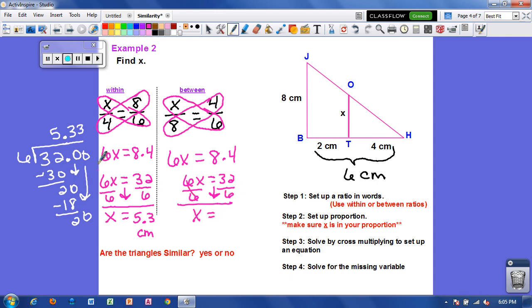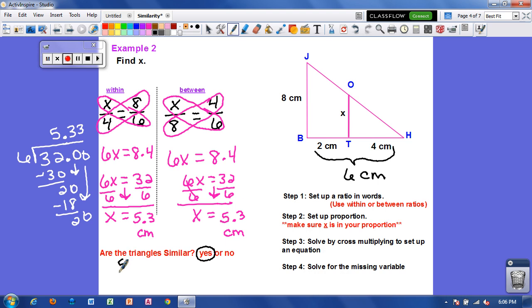And as we saw over here, 32 divided by 6 is 5.3 repeating, which we are going to round to 5.3. So I got the same thing for both of them. So our triangles are going to be similar. Now keep in mind, if we took 5.3 and plugged it in for x and we checked our cross products, remember 5.3 is repeating.